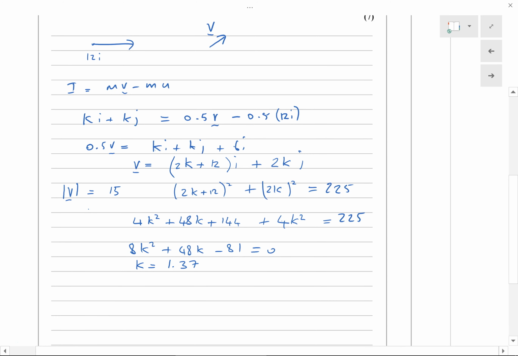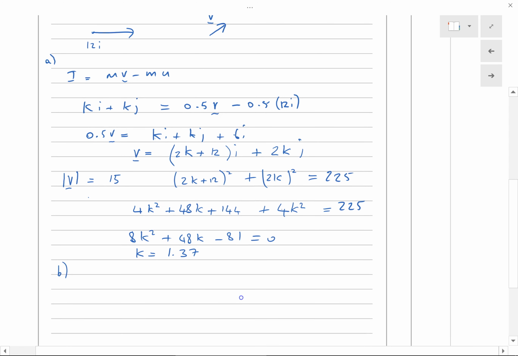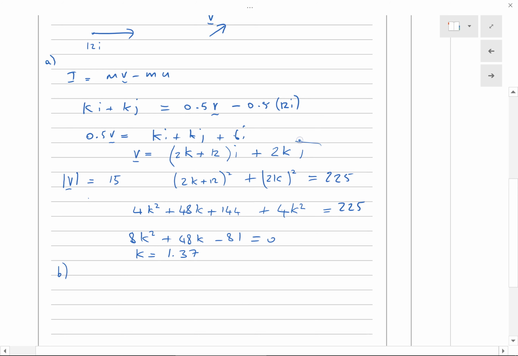That's part A done, without having to look at angles particularly, but we're going to have to. It wants the actual angle that this is going at now. So let's work that out. If I sub the value back in, I'm going to get v equals 2 times 1.37 and all the rest of it, plus 12.